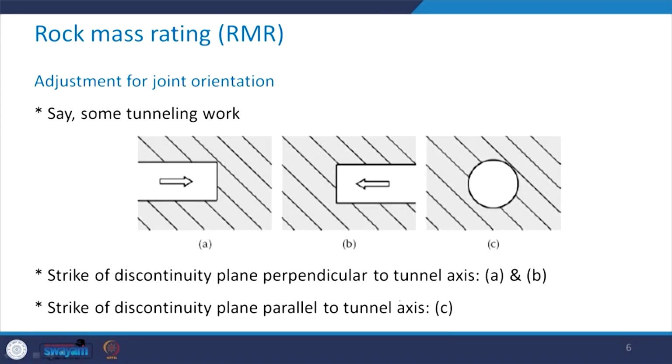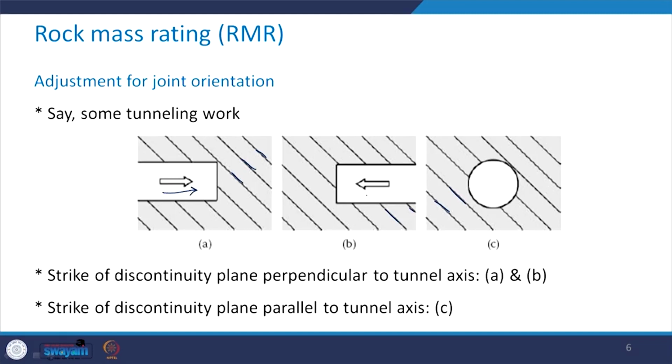For example, let us take an example of a tunnel. You can see that there are 3 pictures here. In all these 3 cases, the joints are dipping in this direction. In the first case, this is the direction of the tunnel drive.